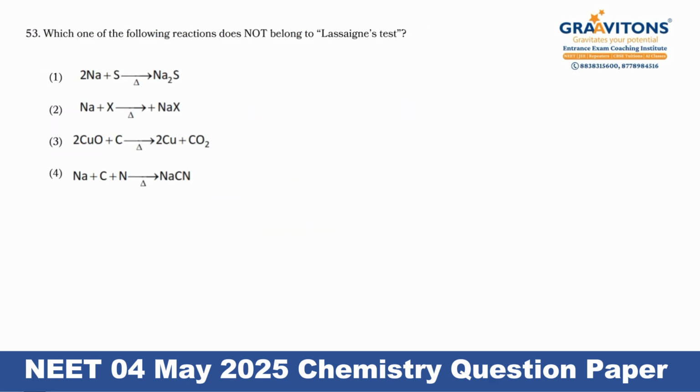Next our question is: which of the following reactions does not belong to the Lassaigne test? Here we have 4 options, and we know that the Lassaigne test is used to convert the elements of organic compounds into ionic form using sodium.